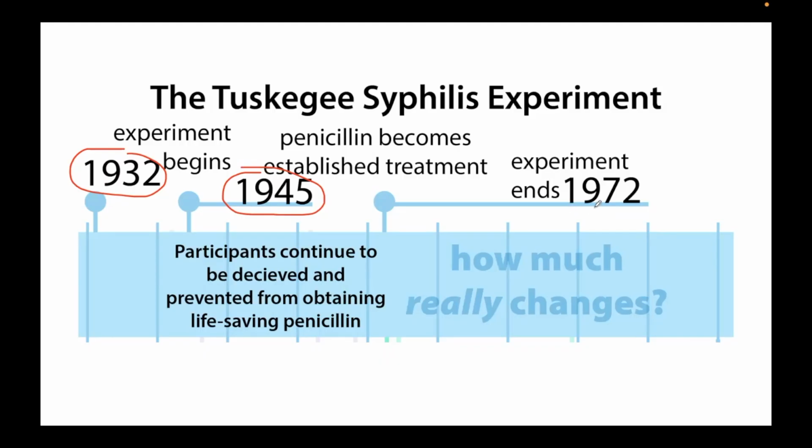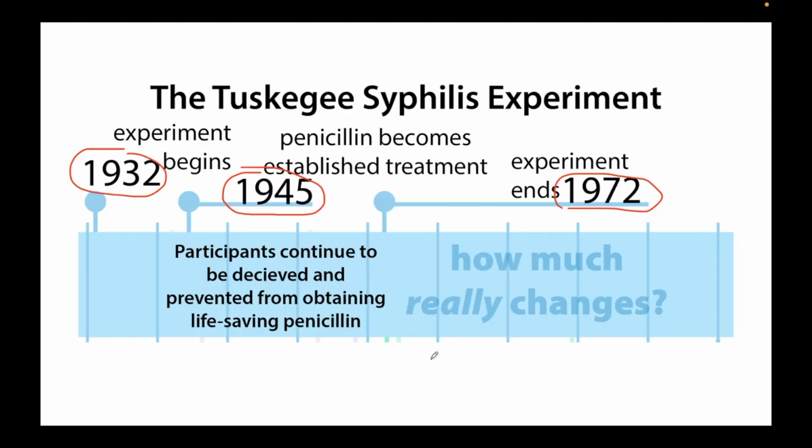This experiment ended in 1972. Can you just imagine that? 40 years and treatment was withheld. These participants were deceived. These participants were prevented from obtaining a life-saving penicillin because the researchers wanted to observe the natural course of the disease.